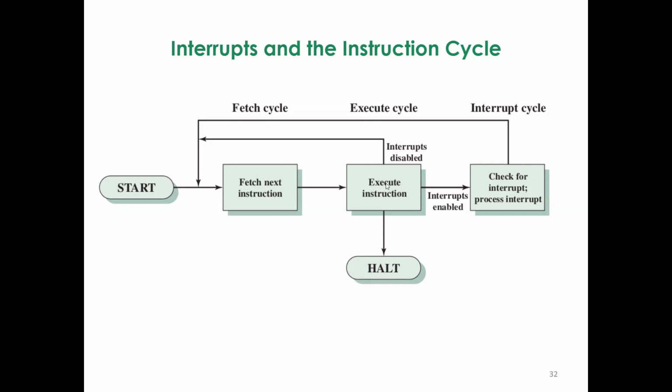If there are no interrupts, you just continue. But if there is an interrupt, then after you executed instruction 300, the next instruction is no longer at 301. It could be at 501 somewhere.